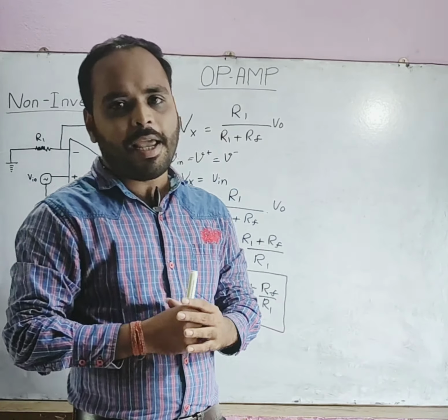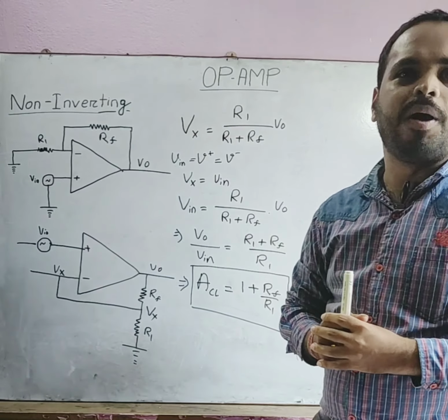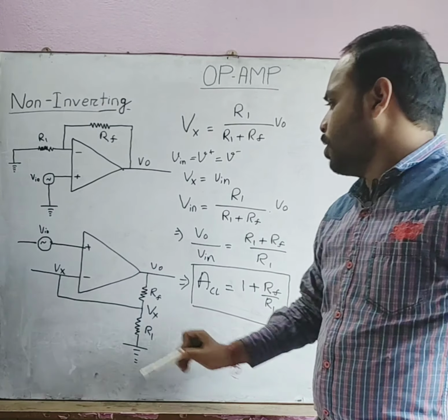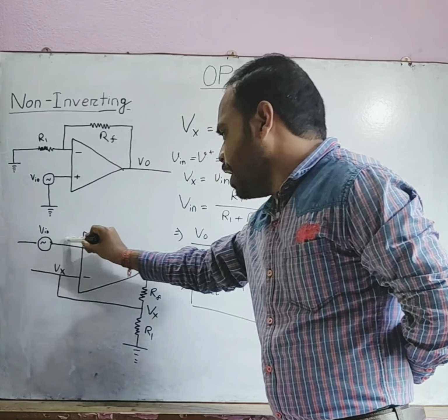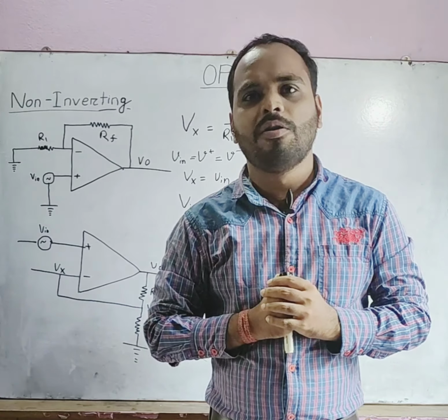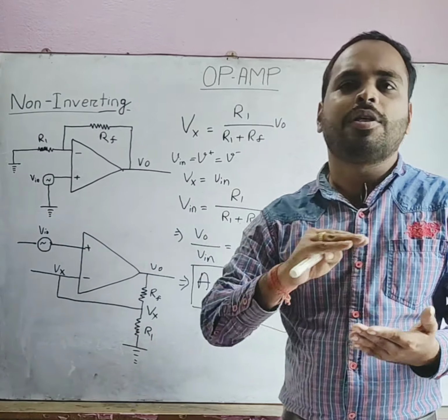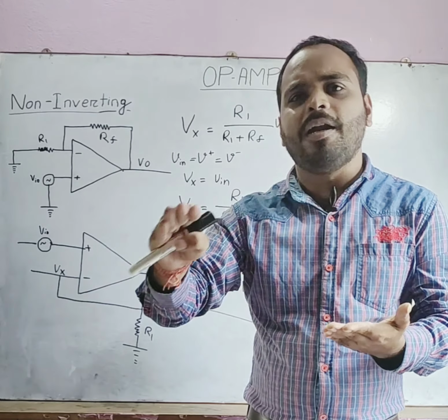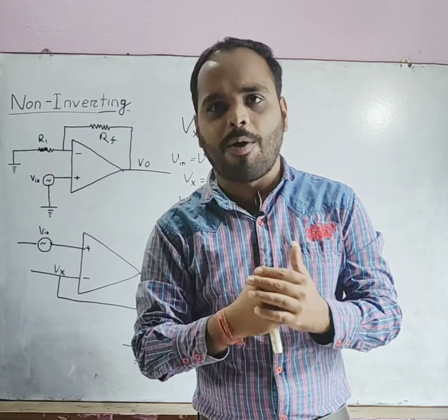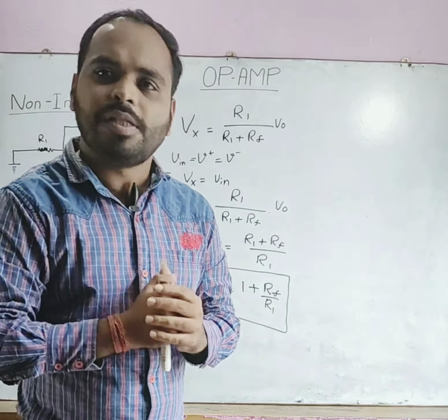Now, let us look at some of the advantages of the non-inverting op-amp. As we know, here the input signal and the output signal have equal phases. So whatever signal we apply at the input, the same signal will be obtained, in the same phase. Another advantage is that the input impedance becomes infinite.